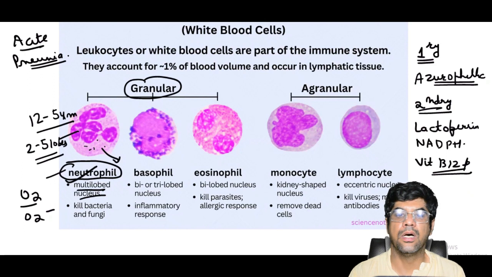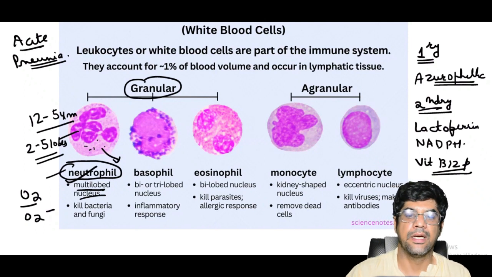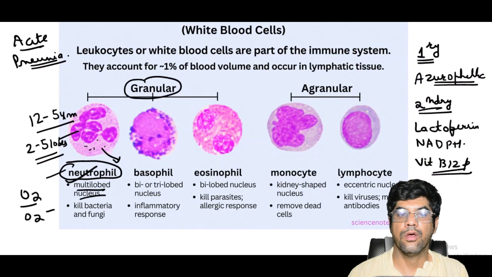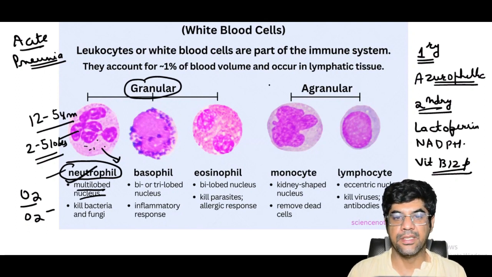Intoxication like uremia, diabetic ketoacidosis, acute hemorrhage, that could be another cause. Neutropenia is defined as when the count is less than 2500 per microliter.